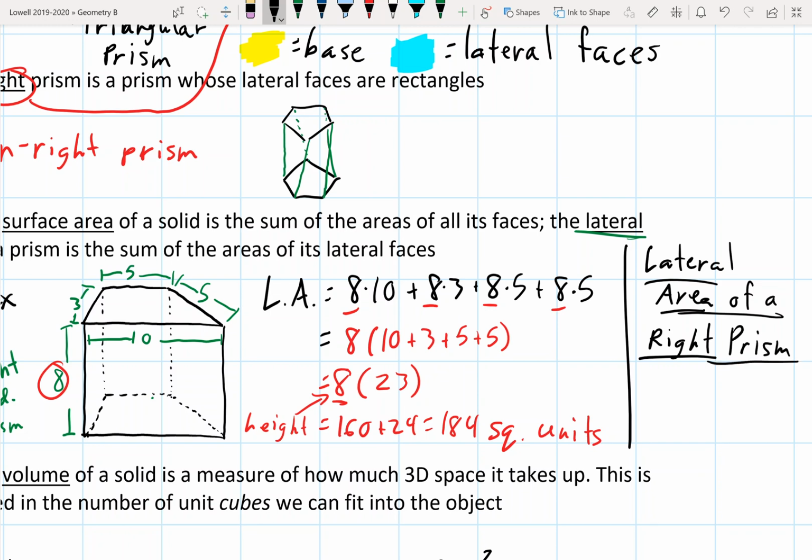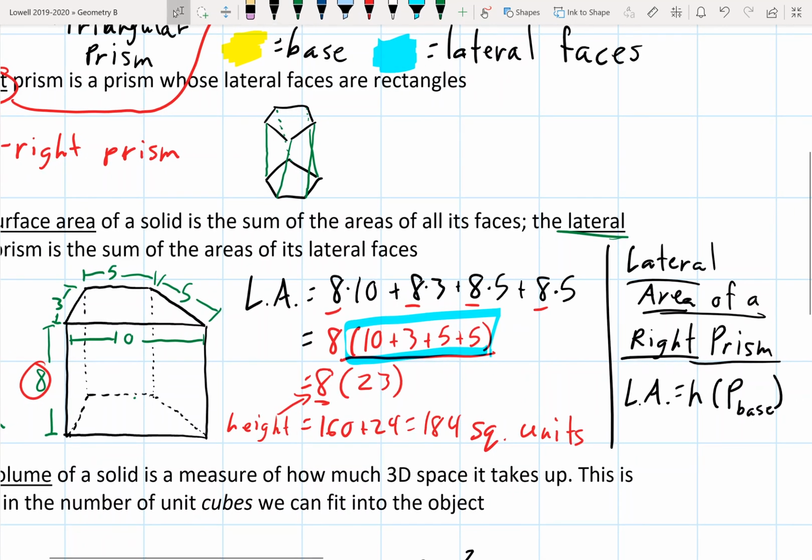The lateral area of a right prism is simply equal to the height of the prism times, well, what is this right here? All that is 10 plus 5 plus 5 plus 3. That's simply the perimeter of the base. And so I'll label that perimeter of the base.